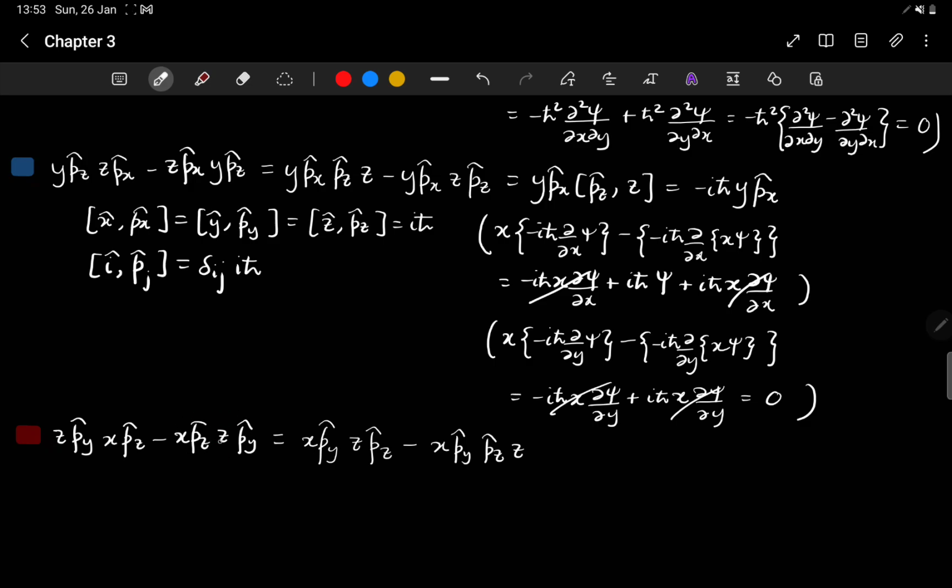Similarly, in the second term, note that we can't bring z in front of pz because pz and z do not commute. We saw over here z pz, the commutator is iħ cross. So pz and z order cannot be changed. But py commutes with z, so it can come in front, and then py commutes with pz, so it can also come in front of pz, and that's how py comes over here. So that's how we are making use of the commutator relations.